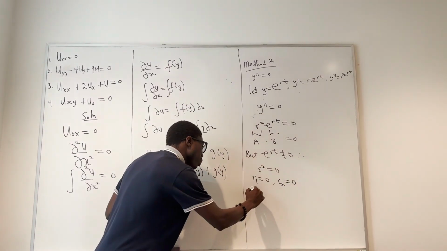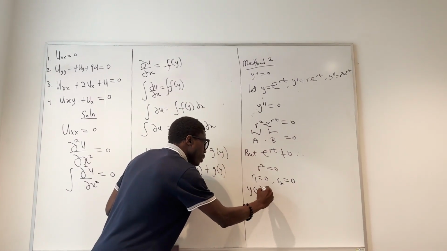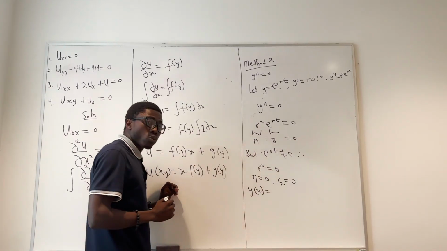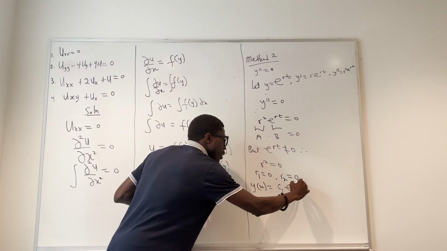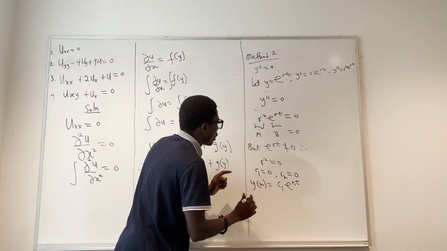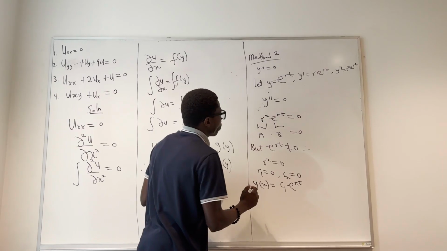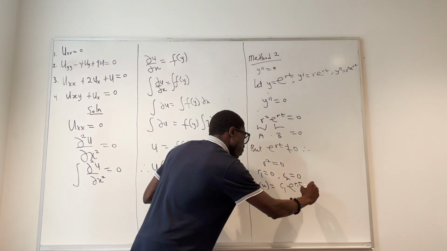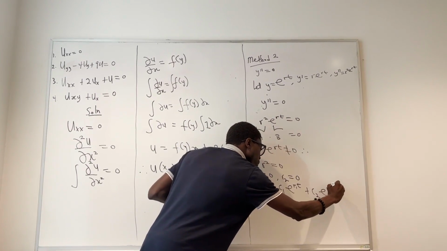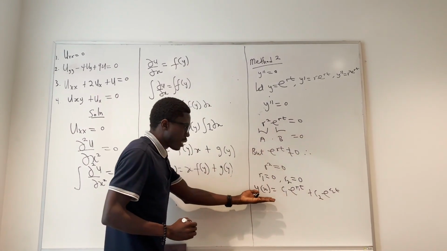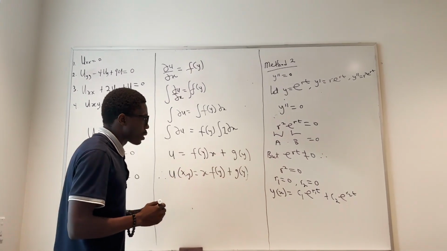We said that anytime you have an ordinary differential equation with equal roots, we have c1 e to the power r1 t. In this case, we are dealing with t, so we have plus c2 e to the power r2 t. So this was the idea that we had under ordinary differential equation.